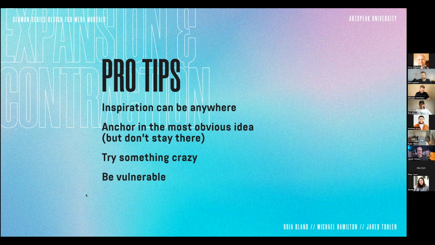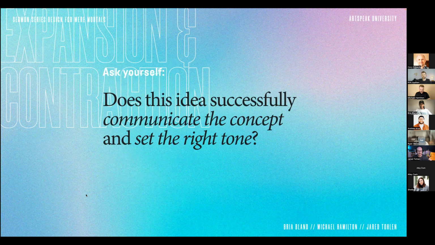And then at the end of that process, here's a helpful question you can ask yourself: does this idea, this thing I've created, expanded, contracted, whatever, successfully communicate the concept and set the right tone? If it's doing those things, then you're probably in a good ballpark. You're probably at a point where you can get to the next step, which is polishing and refining. And now we're going to go to Bria.